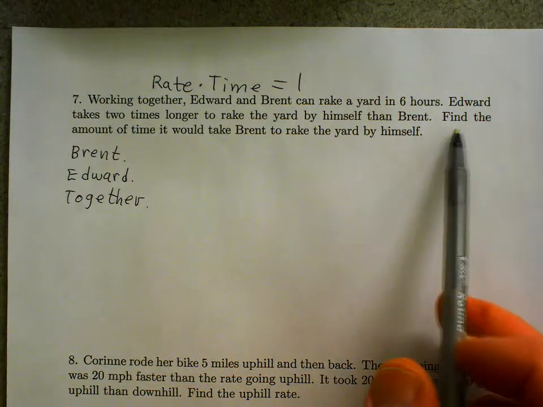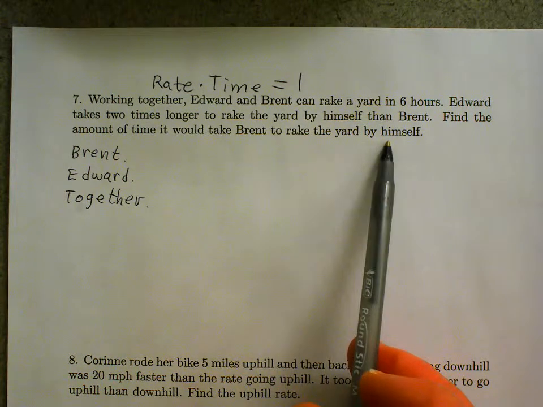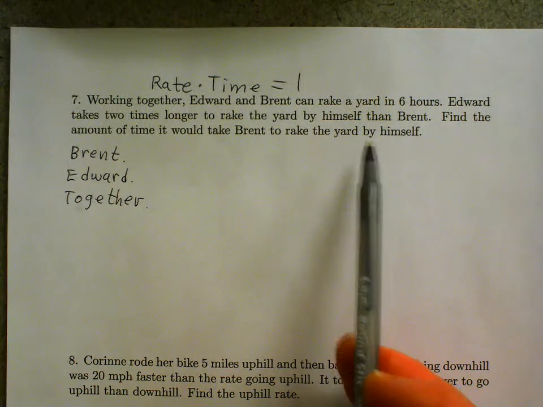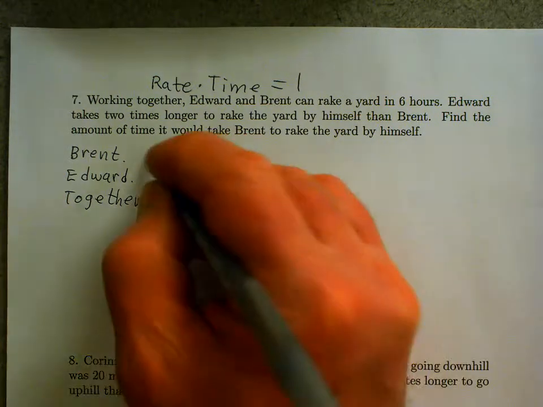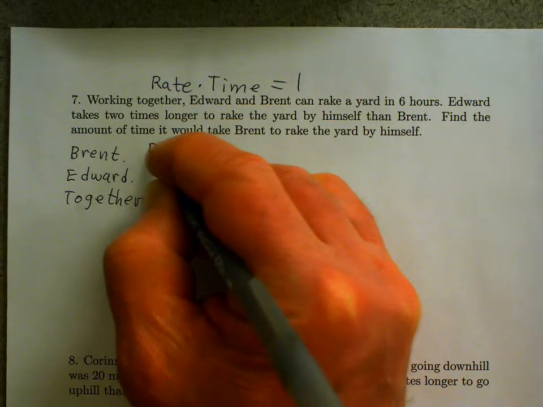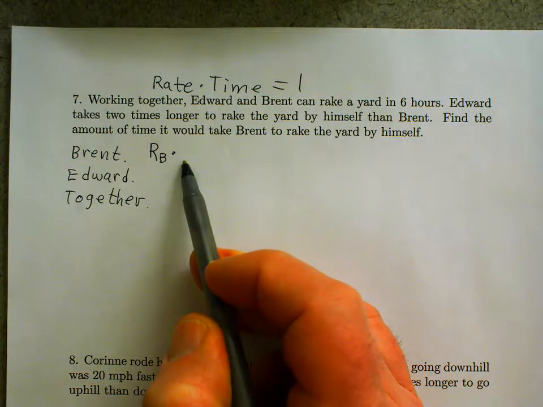We're supposed to find the amount of time it would take Brent to rake the yard by himself. So Brent works at a certain rate. We're supposed to find the amount of time it takes him to rake 1 yard by himself.